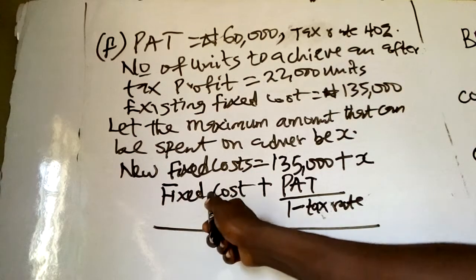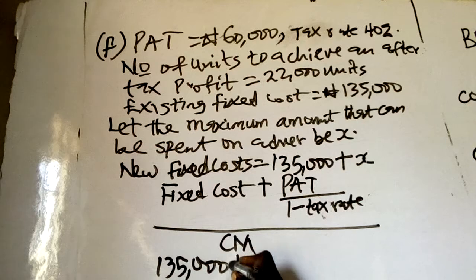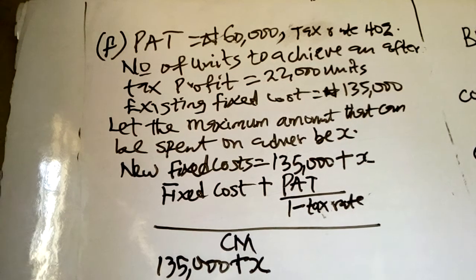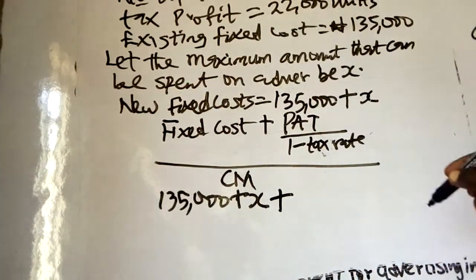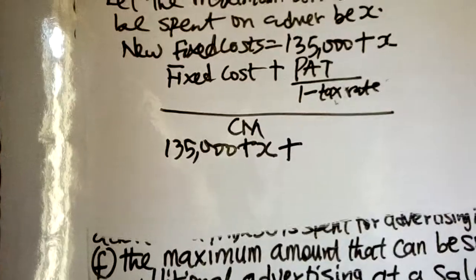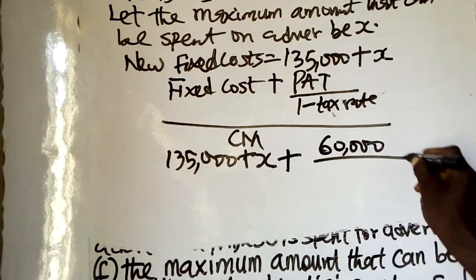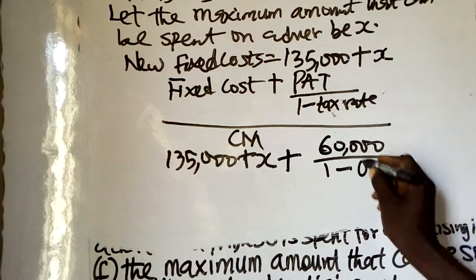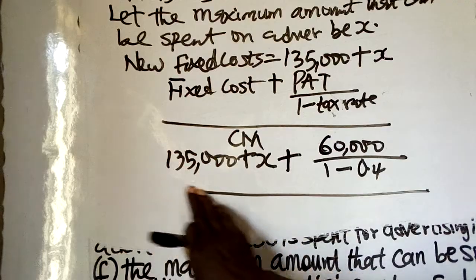So our new fixed cost is 135,000 plus X, plus profit after tax, which is given to be 60,000 naira, over 1 minus tax rate, which is 0.4, all over CM.